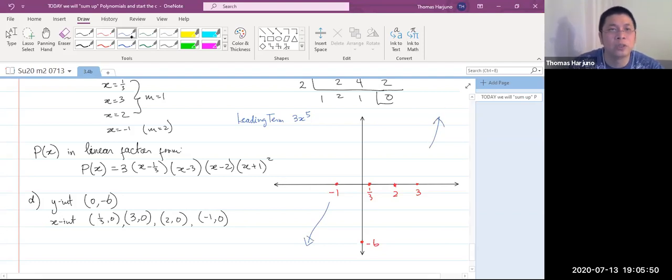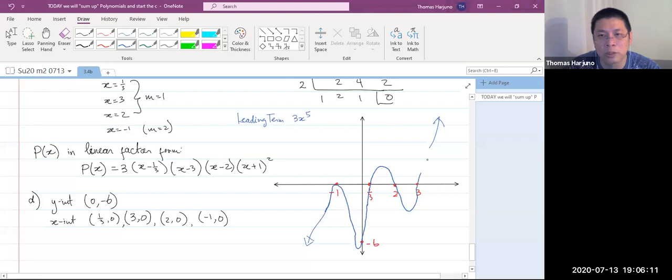Now, the thing is that at negative 1, it's multiplicity of 2, so it's bouncing. Okay, and then at (1/3, 0), it will cross because it's multiplicity of 1. At (2, 0), it crosses because of odd multiplicity, and this is also odd multiplicity. So it will look like approximately that. Okay, that's what the graph looks like.